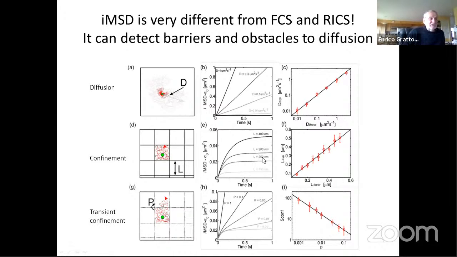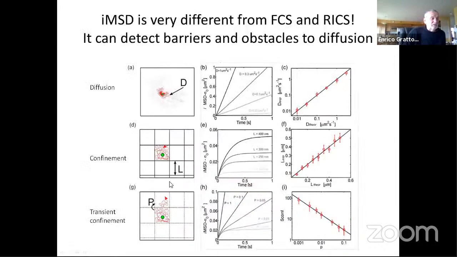If it's 300, it will be 300. If it's 100, it will be 100. So we can measure the size of the confinement region just by measuring where the particle will go. And here is, again, the theoretical input to the simulation. This is what the simulation recovers, and this is absolutely real.